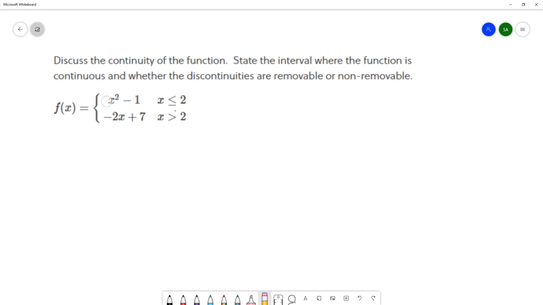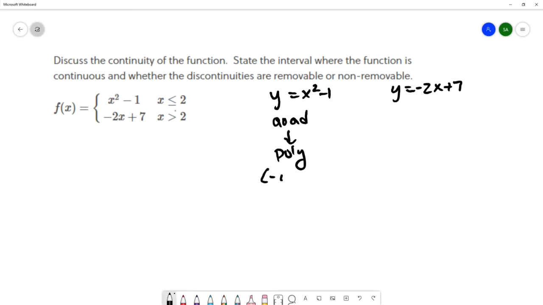When we look at these two equations individually, these are the equations y equals x squared minus 1 and y equals -2x plus 7. Y equals x squared minus 1 is a quadratic, which is a type of polynomial, and quadratics and polynomials are defined and continuous over all real numbers.